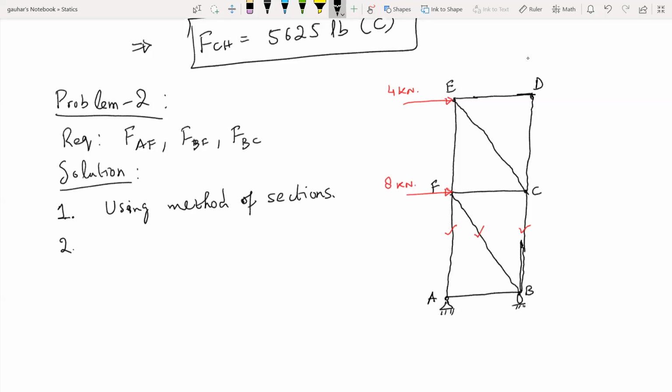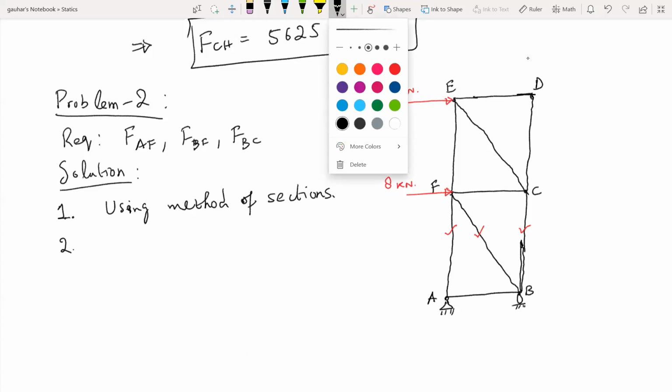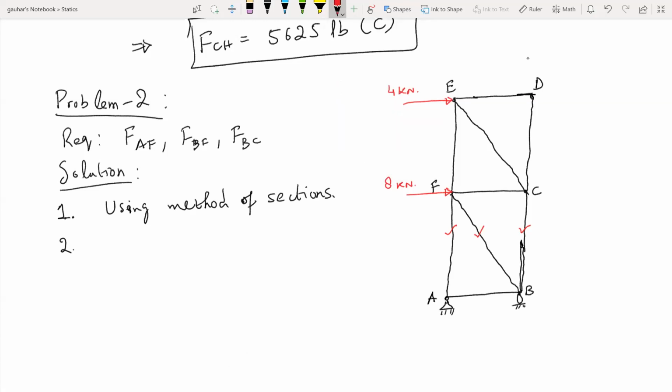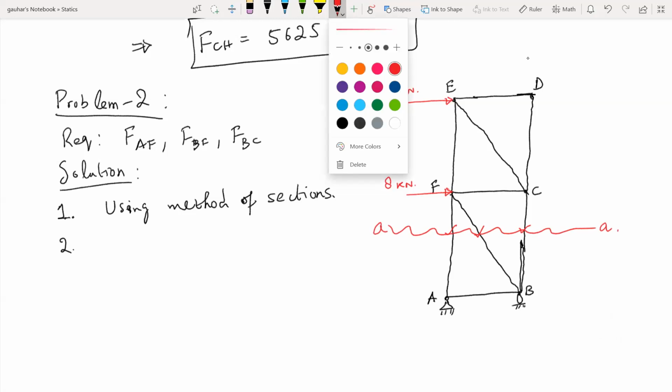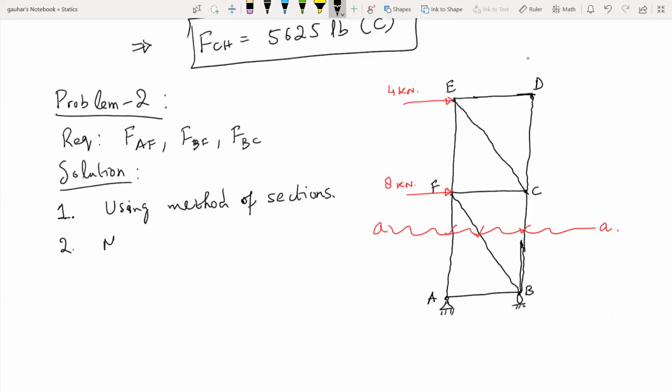Now we have these three unknown forces in these three members, AF, BF, and BC. So we can just make a cut like this, right? Let's say AA. Okay, so let's write that down here. Make a cut at section AA, right? And cut the truss into two parts.